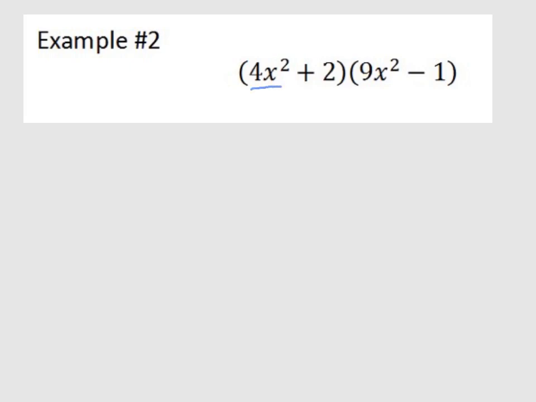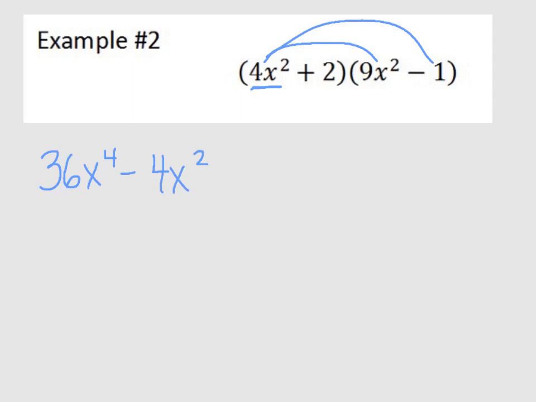So I'm going to focus on this first term, and I'm going to distribute it, remembering to multiply my coefficients, but add up my x's. So 4 times 9 makes 36, and if I add up my x's, I have x to the power 4. Then 4 times negative 1 makes negative 4 x squared.